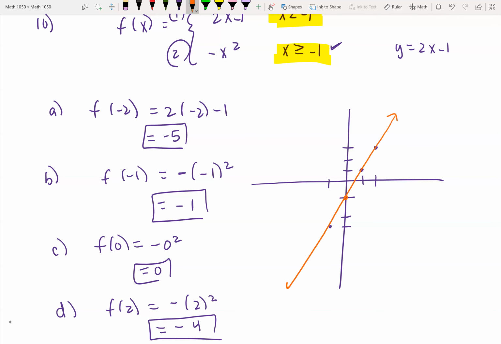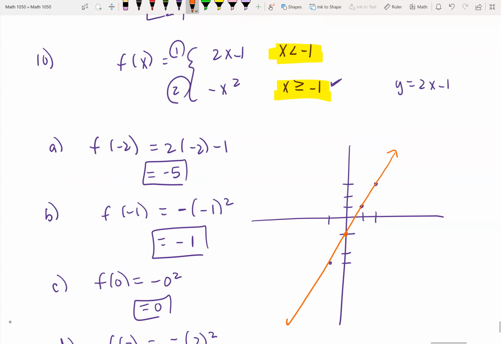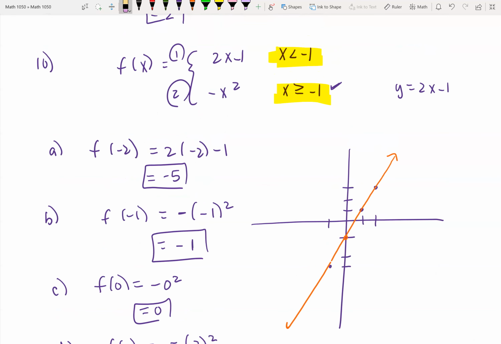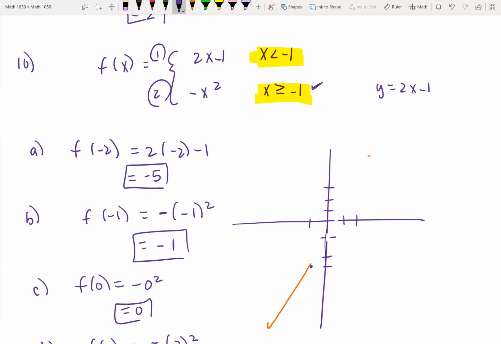Okay, the stuff that stays is anything less than a -1. So here's a -1. So less than is to the left. Anything to the right goes away. And my endpoint should be open like that. Okay, because there's no equal sign.